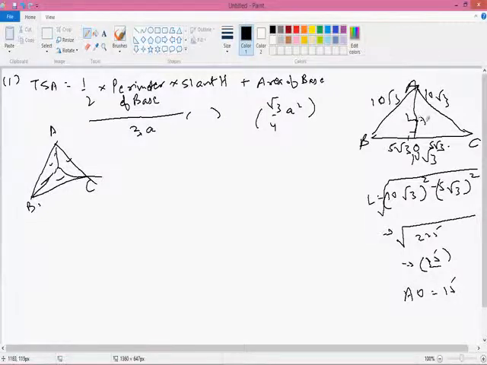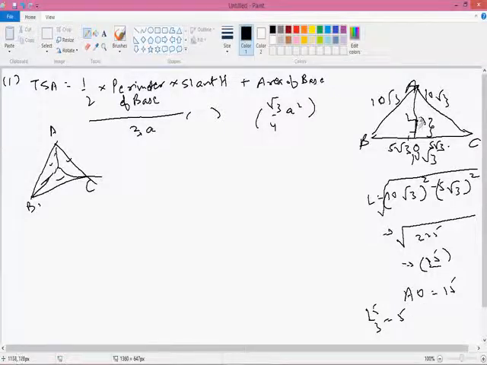After we got this AO as 15, suppose a pyramid is formed. The pyramid will be directly above this central point which I have drawn here. Now what will be this length? It is important to find this. If this is an altitude, this length will be 1/3 of 15, so 15 by 3, which is 5.